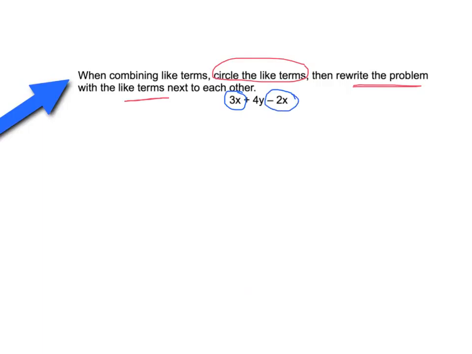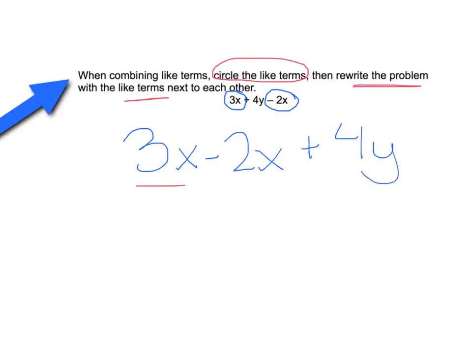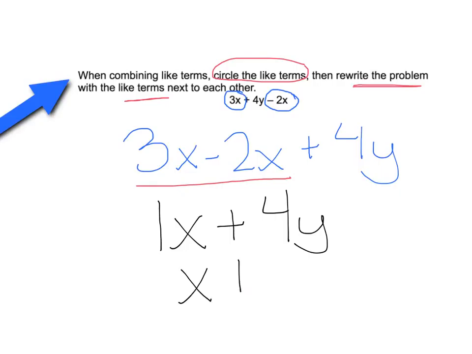So when I rewrite this one, I'm going to put 3x minus 2x plus 4y. I see that I can combine 3x and 2x. 3 minus 2 is 1, so I have 1x plus 4y, which can also be written as x plus 4y.